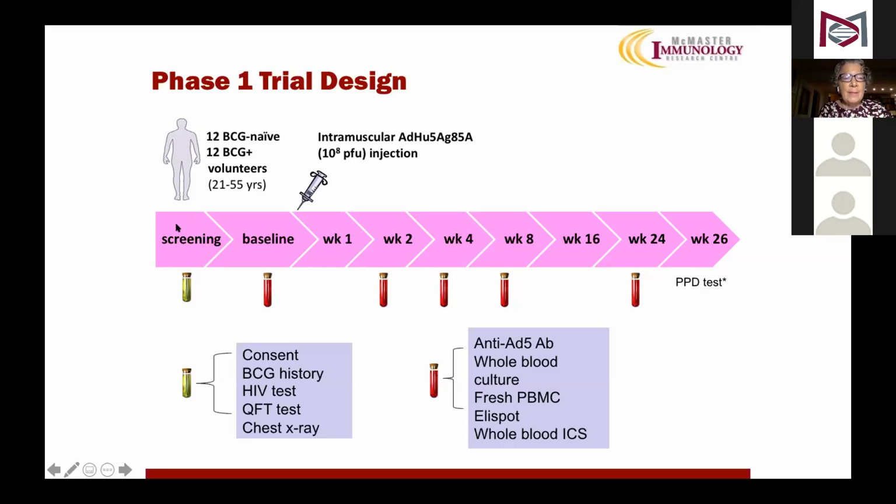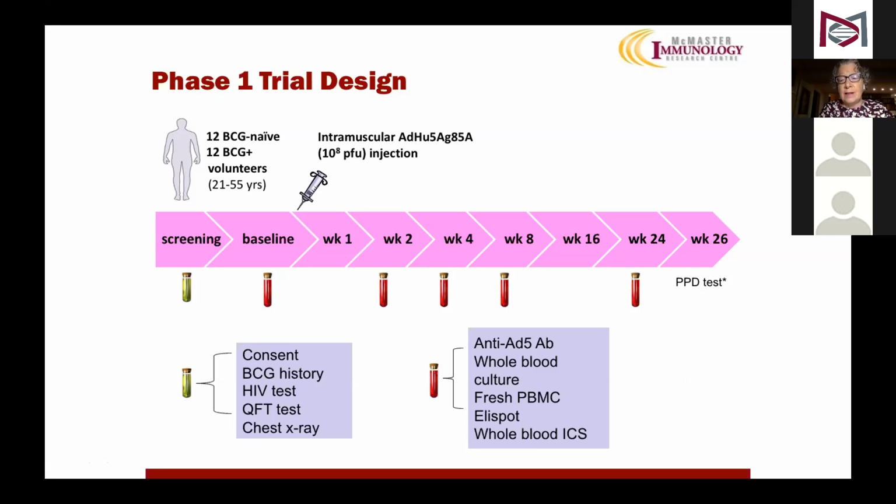We screened our participants to make sure they were healthy. We included negative HIV, a normal chest x-ray, no evidence of latent TB, and then followed these participants after immunization with blood tests looking at antibodies as well as immune responses to the vaccine.